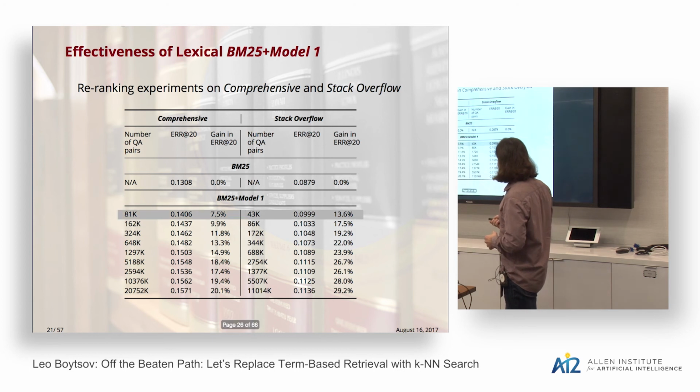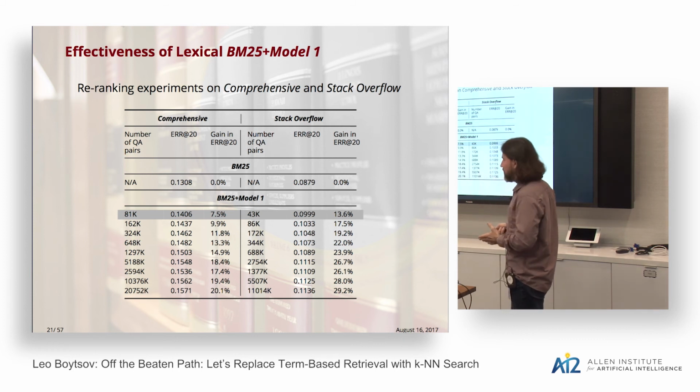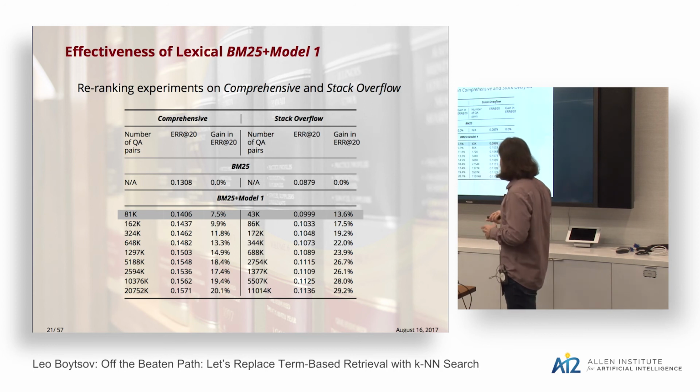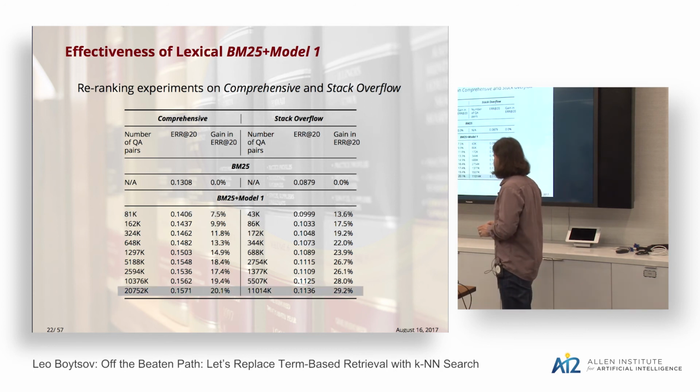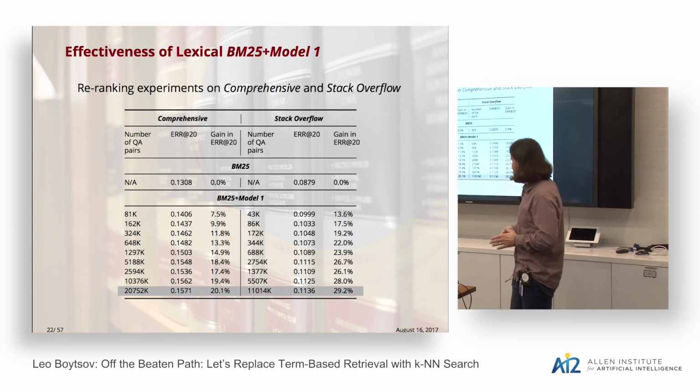So let's look at the first row here, and we can see that if you use dozens of thousands of QA pairs, we can get an improvement over BM25, but it's rather modest. But if we use all available data, we can get 20% for Comprehensive and 30% for Stack Overflow on top of BM25. And I would say it's a strong result.